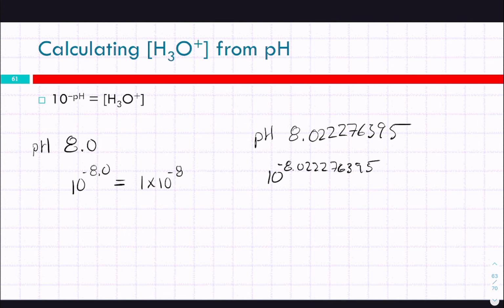Oh, come on, calculator, you can do better. There we go. So now I get 9.49 repeating times 10 to the negative 9.